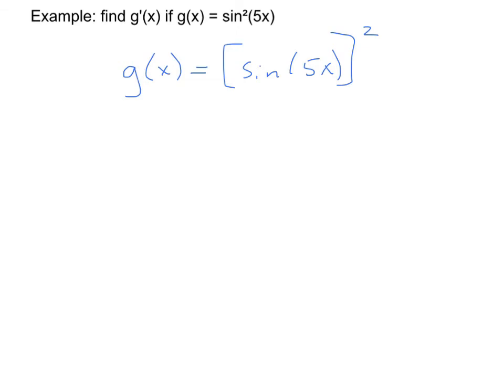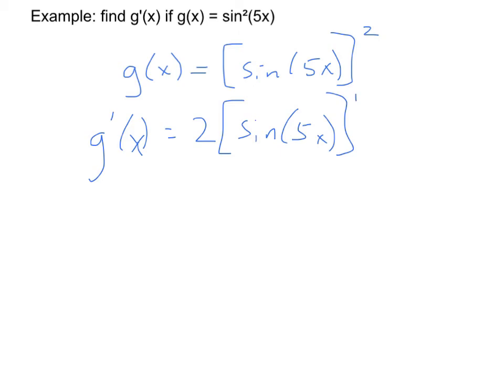In fact, this is a double chain rule problem. The way it's going to work is I'm going to say, okay, this is something squared. And so when I take the derivative of something squared, g prime of x will be 2 times this thing, I leave the inside alone, raised to the first power, times the derivative of what was inside. But that derivative is the sine of 5x. It's a chain rule of its own.